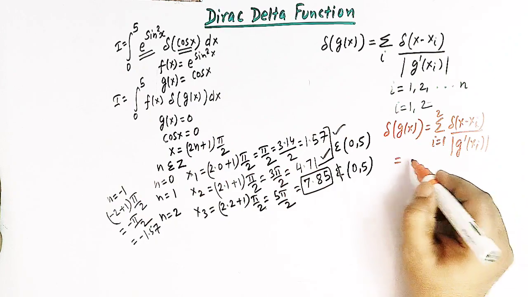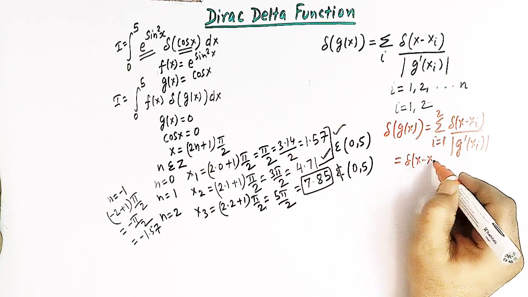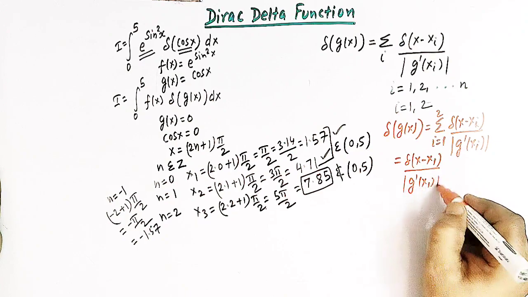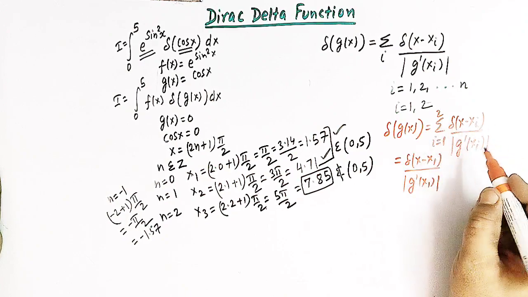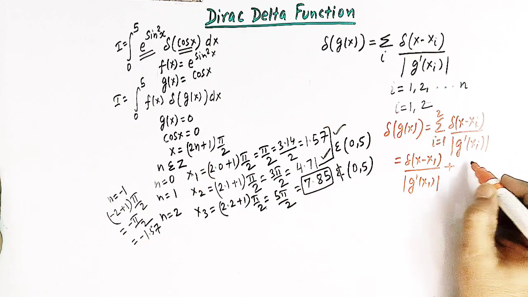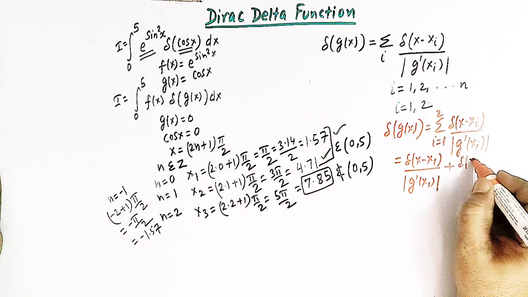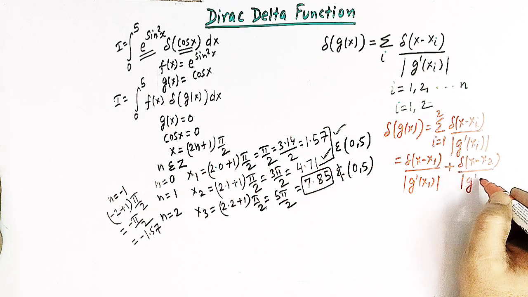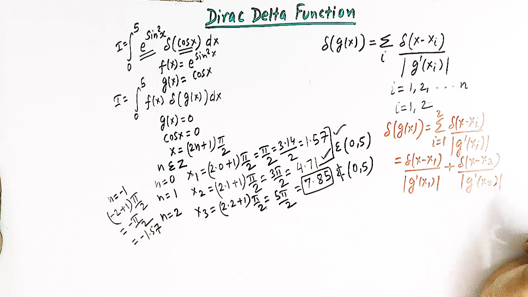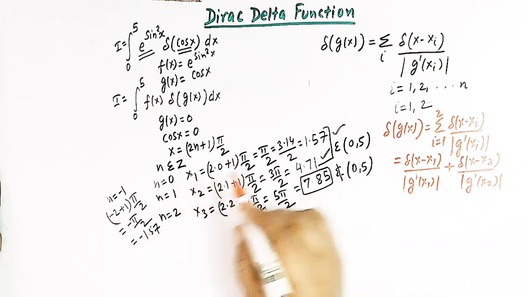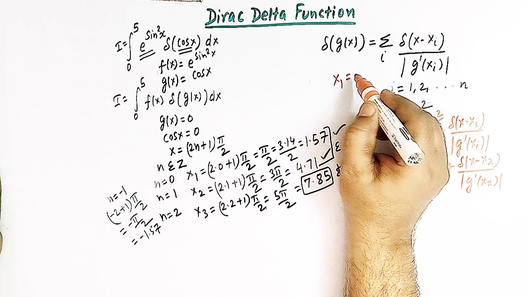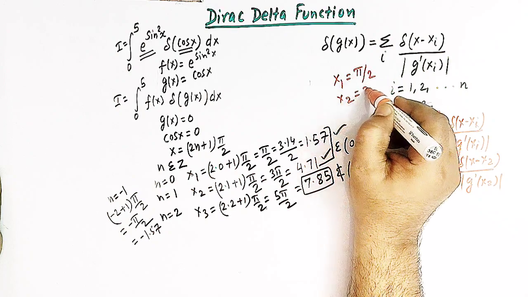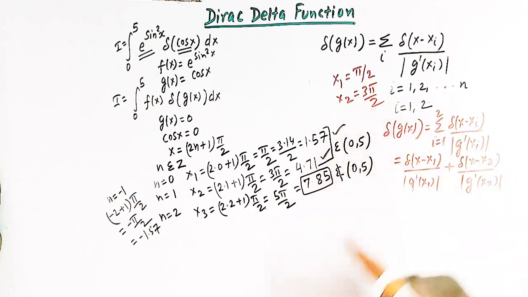So we have delta of x minus x1 over mod of g prime of x1, and due to this summation sign, here we have the positive, and then we have delta of x minus x2 over mod of g prime of x2. So we have x1 as pi by 2 and x2 as 3 pi by 2.